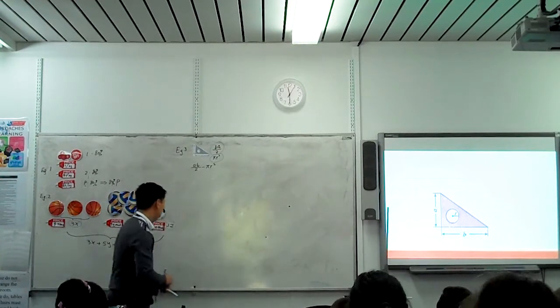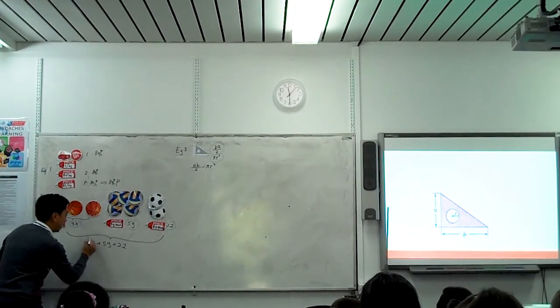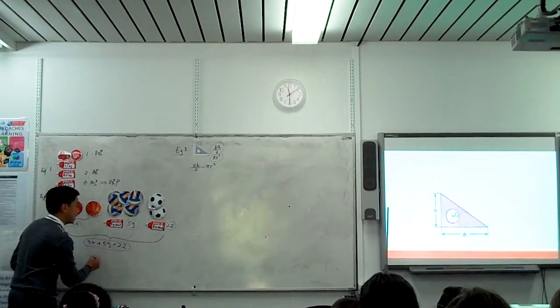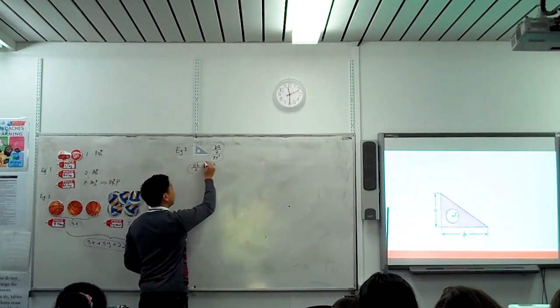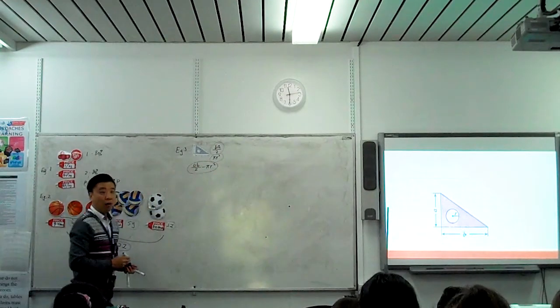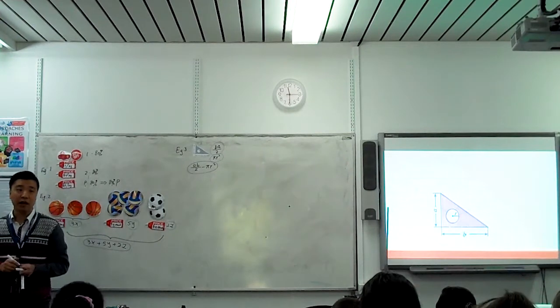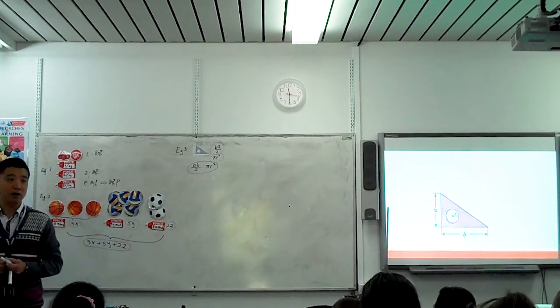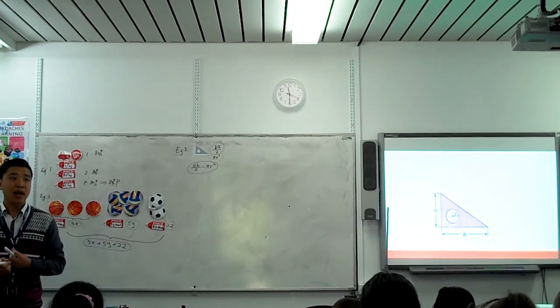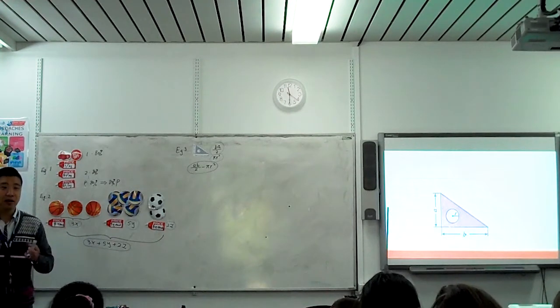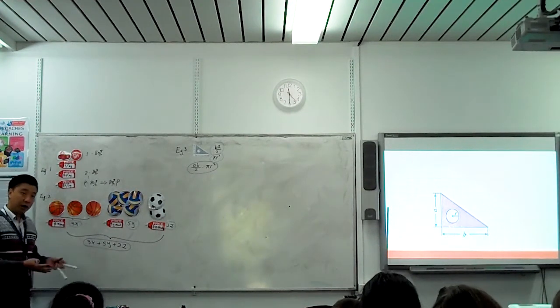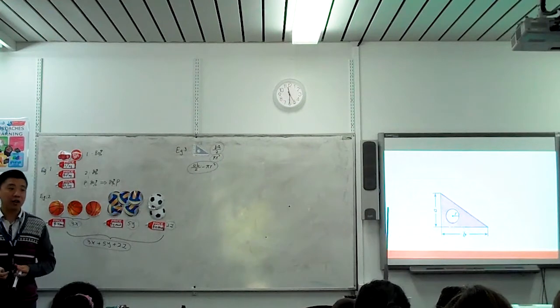You have 3x plus 5y plus 2z, and then you have this one. Can you tell me why Mr. Huang asked you to write into 2 different boxes? And then, can you find something in box 1 and box 2 and tell me the difference?